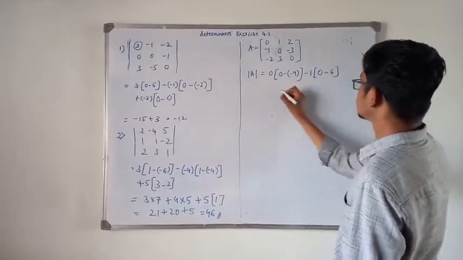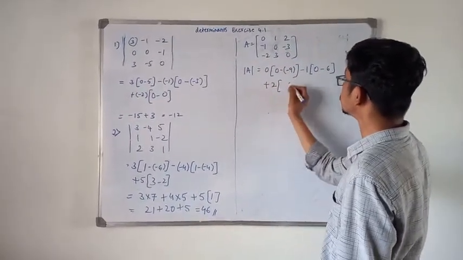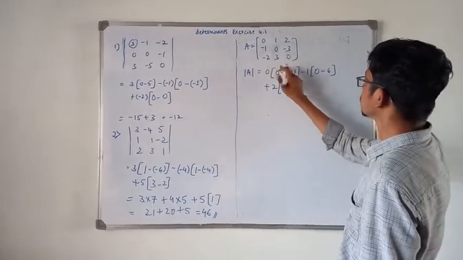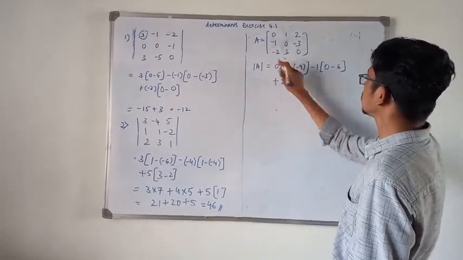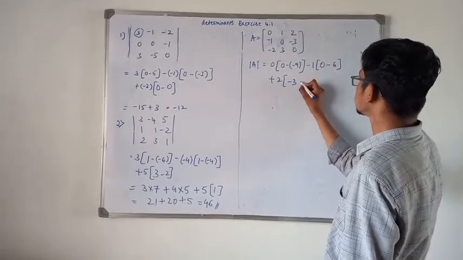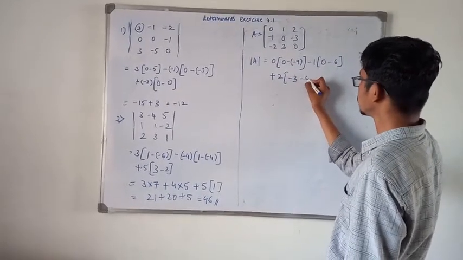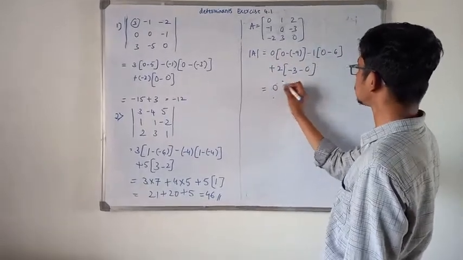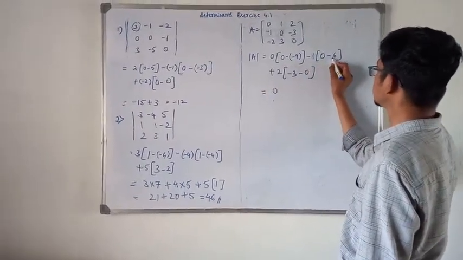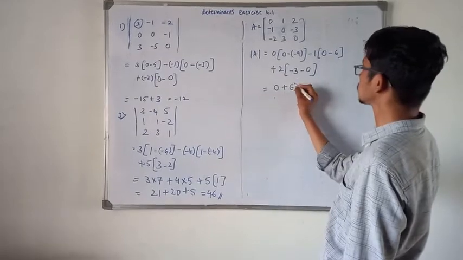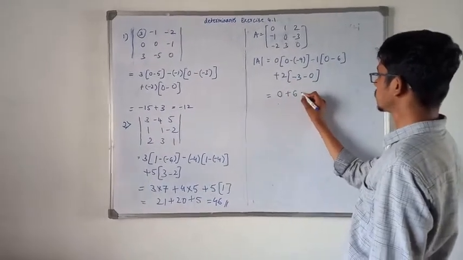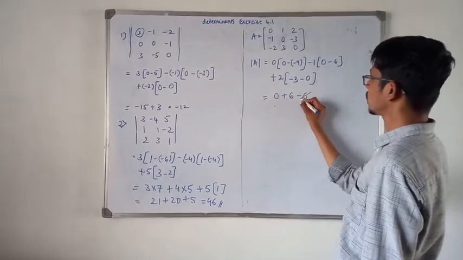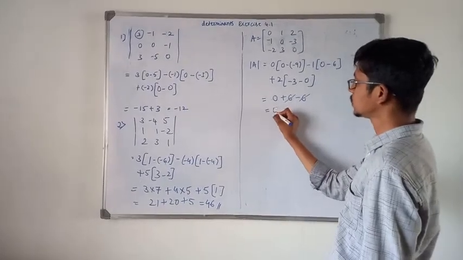Third one, that is plus 2 into minus 1 into 3 is minus 3, minus 2 into 0 is 0, that is minus 0. This is equal to 0 into anything is 0, minus 1 into minus 6 is plus 6, plus 2 into minus 3 is minus 6. Here it get cancelled, the answer will be equal to 0.